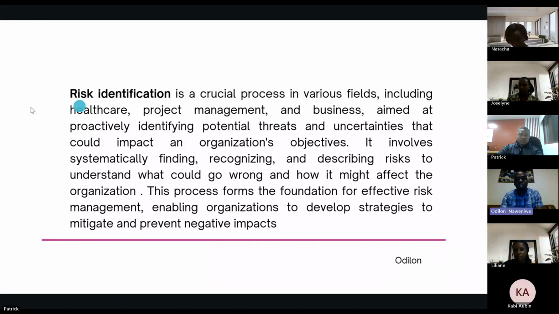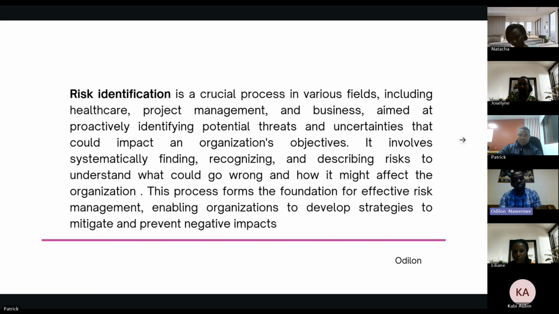Risk identification, as it is defined in different books, is a crucial process in various fields, including healthcare, project management, and businesses, aimed at proactively identifying potential threats and uncertainties that could impact an organization's objectives.